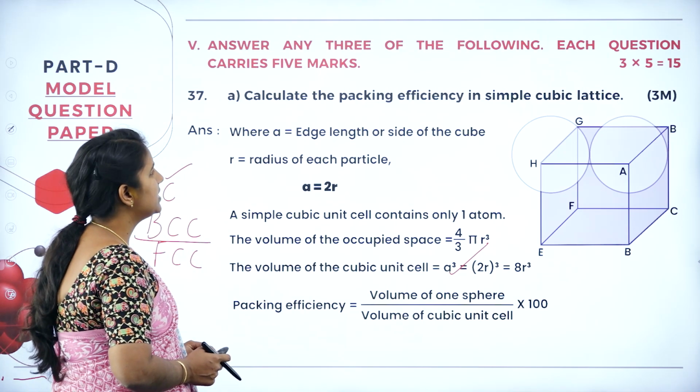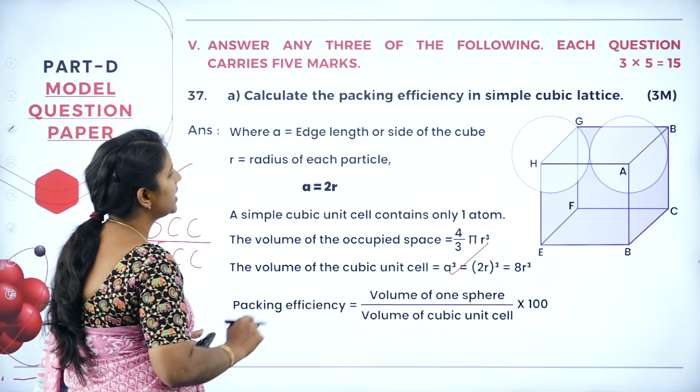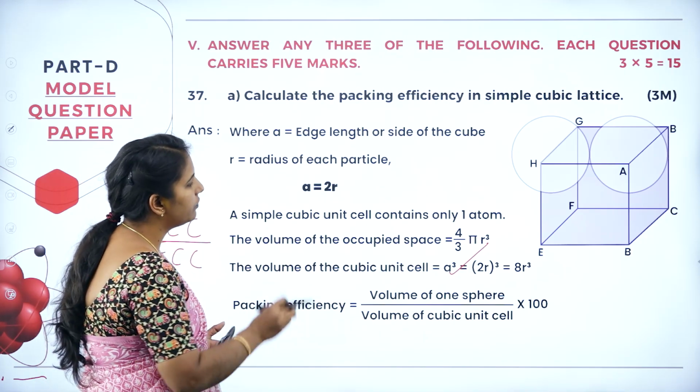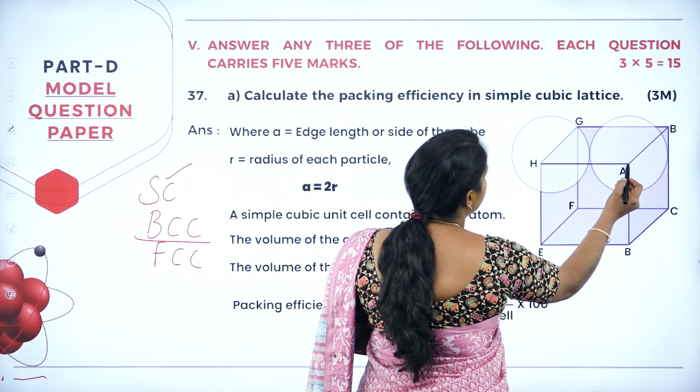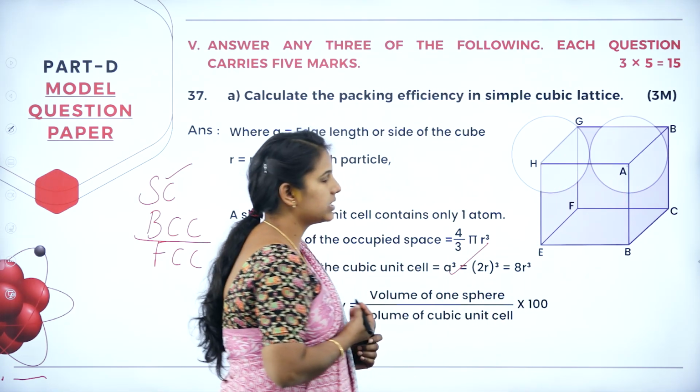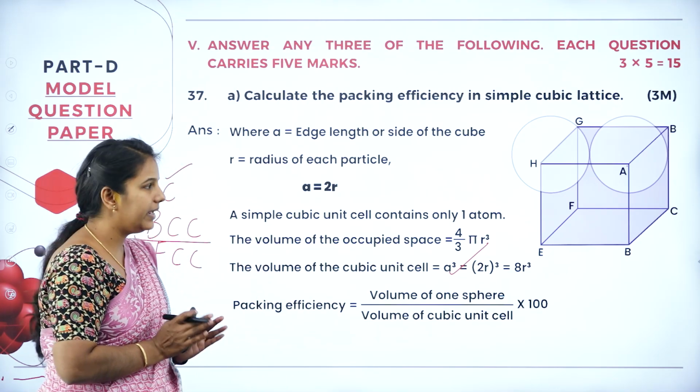Here, they have asked the question on the simple cube. First, I have drawn the structure of a simple cube, where these two atoms along the edge are touching each other.